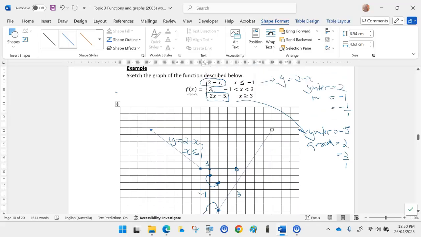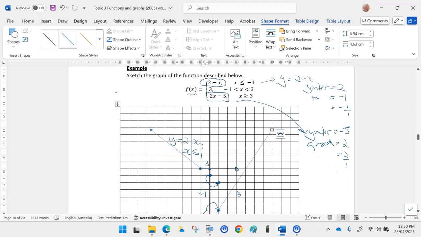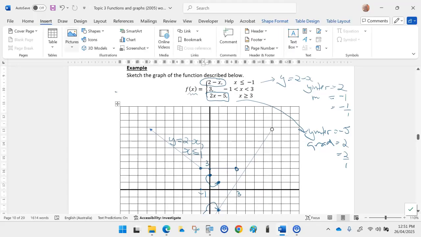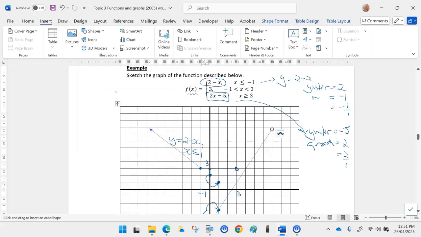I don't, because if you look back at the domain, it says we only need to draw this graph, y is equal to 2x minus 5, for values of x greater than or equal to 3. So when x is equal to 3, it starts at this point on my line. So I can draw another line in, which I will. I'll insert this line, starting from x is equal to 3.